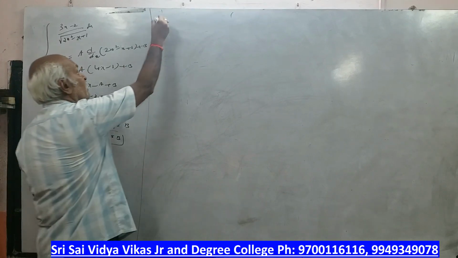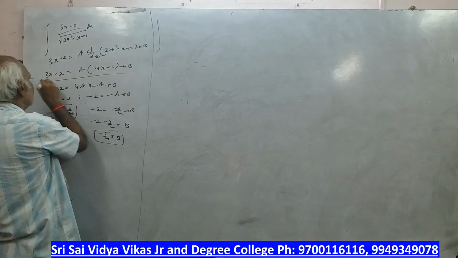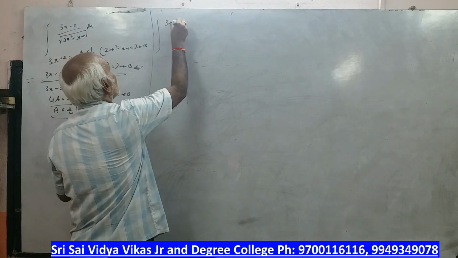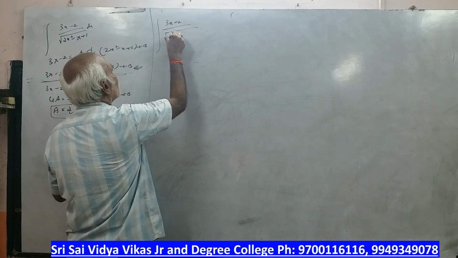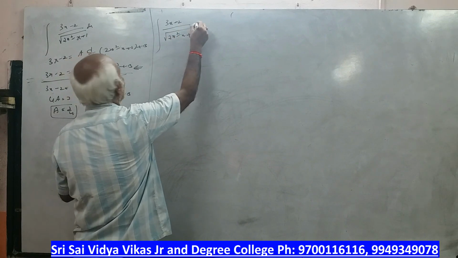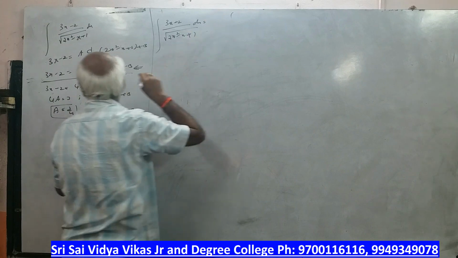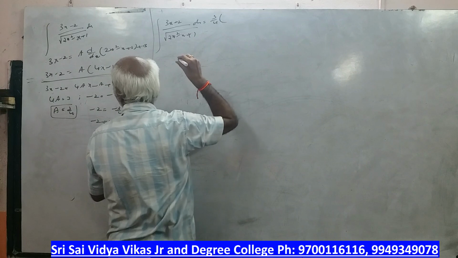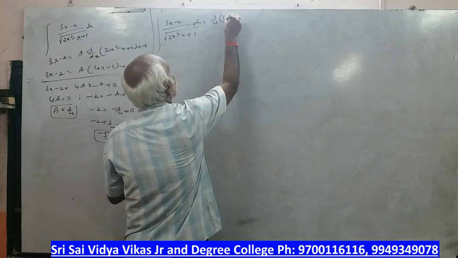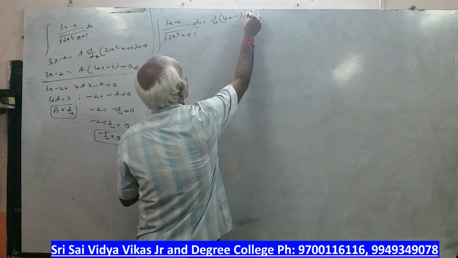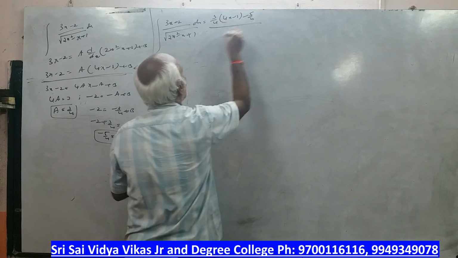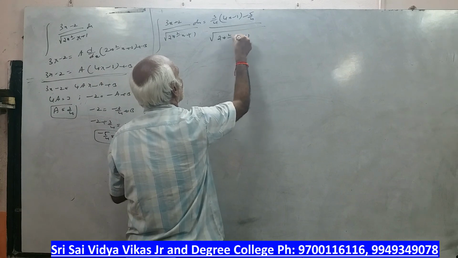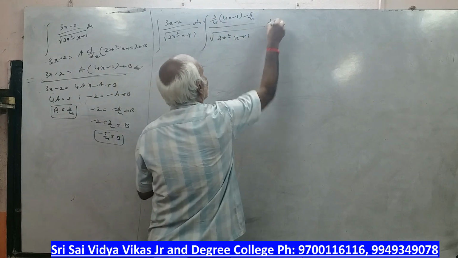Right? Now integration. Again, I am underlining this, you are going to use this. So what is that? Integral of 3x minus 2 by root of 2x square minus x plus 1 dx is equal to, what is the a value? 3 by 4. Observe here, it is the same procedure. Plus b value minus 5 by 4 integral of 1 by root of dx, right?